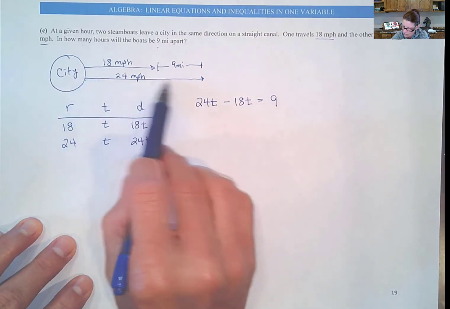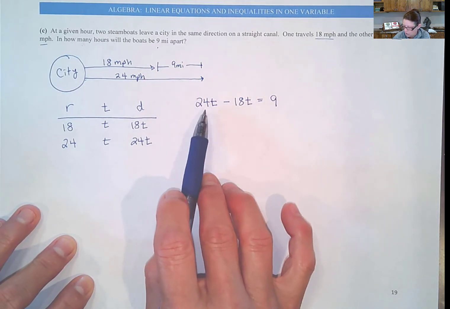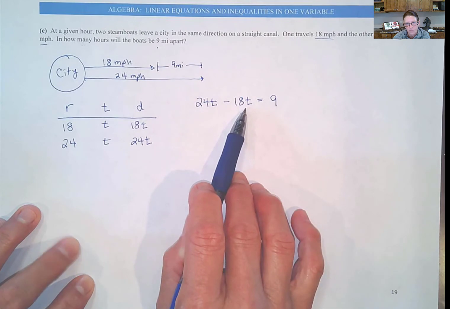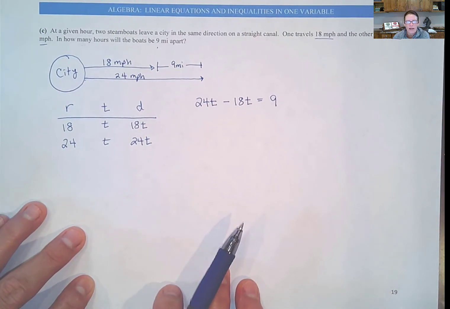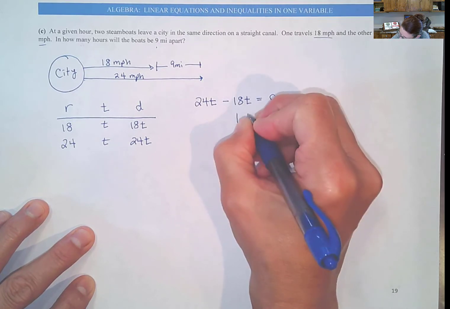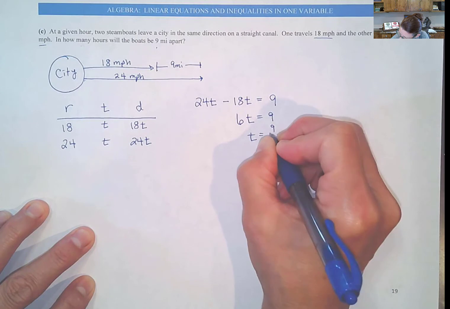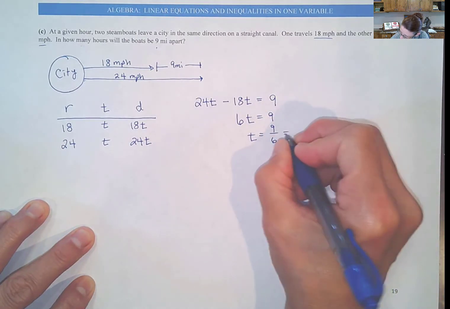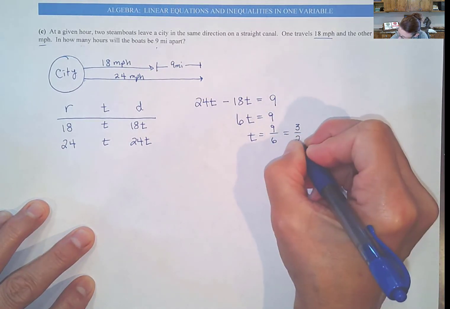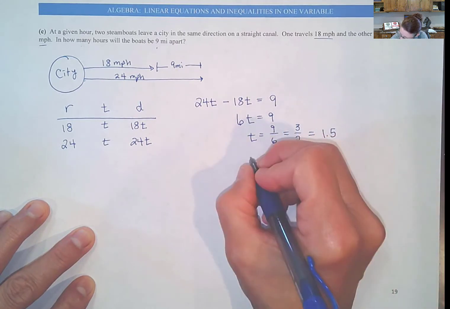Because the faster boat travels the further distance, so we know to subtract in this order: larger distance minus the smaller. All right, well, that difference, 24 minus 18, is 6. 6t is 9. Divide each side by 6. 9/6 reduces to 3 halves. 3 divided by 2 is 1.5.